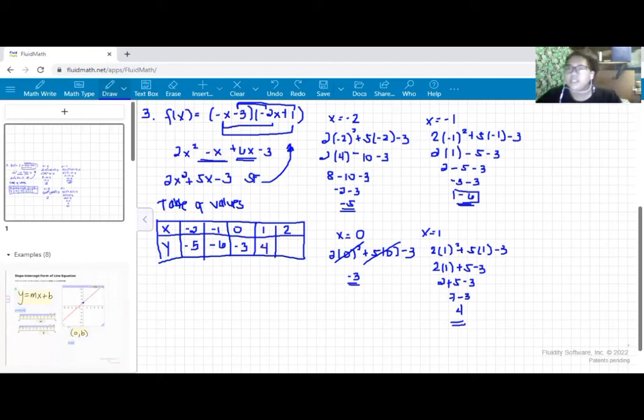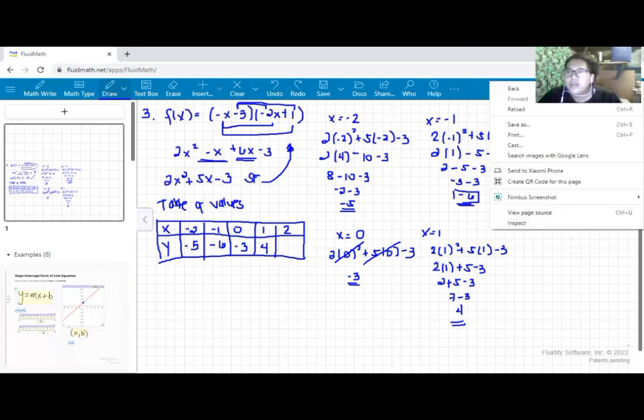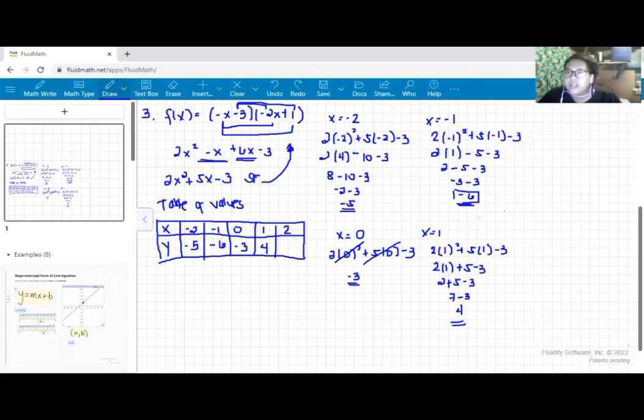And for our last one, we're going to let our x equal 2. So we have here 2 times 2 squared plus 5 times 2 minus 3. So 2 times 2 is 4.